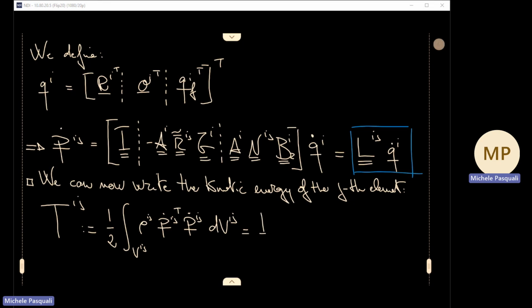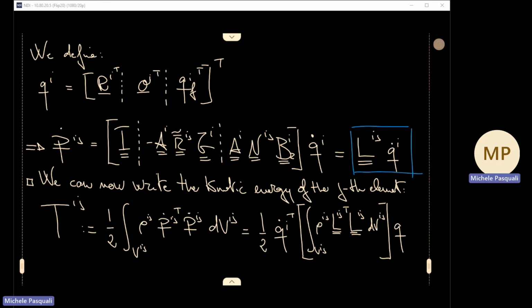That's to say, in the following way, Qi dot transposed, and then we have, let's say, square bracket of the integral rho Ij, then we have L matrix Ij transposed over L Ij, and then all of this integrated in the Vij. So this is basically where we're at.